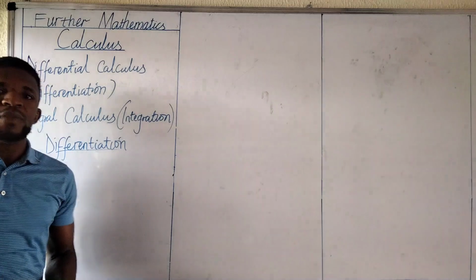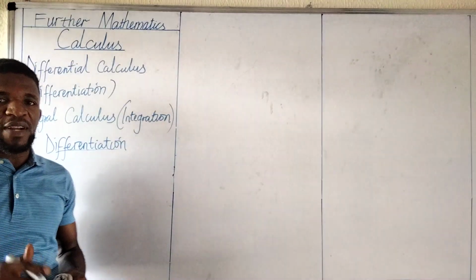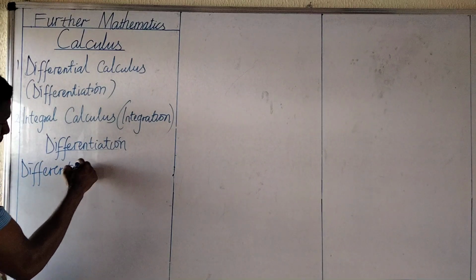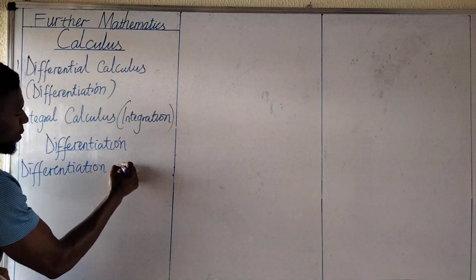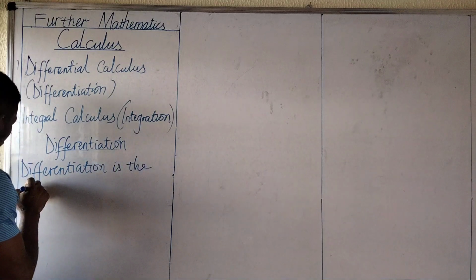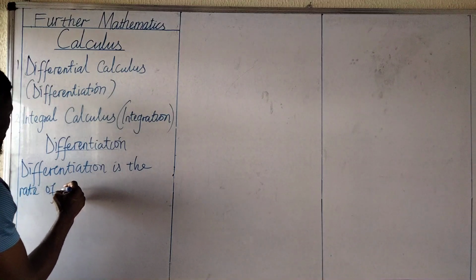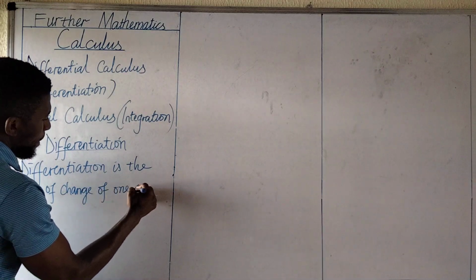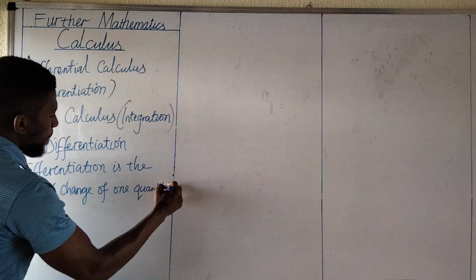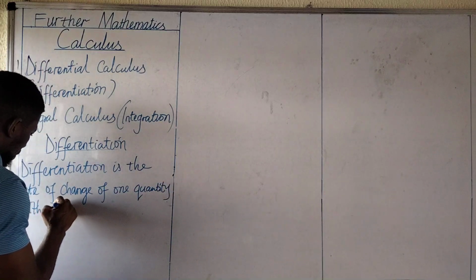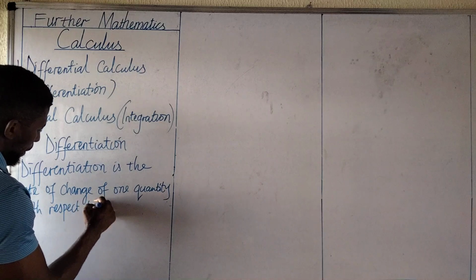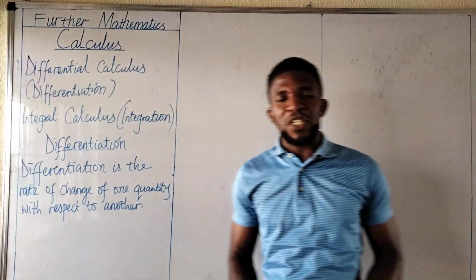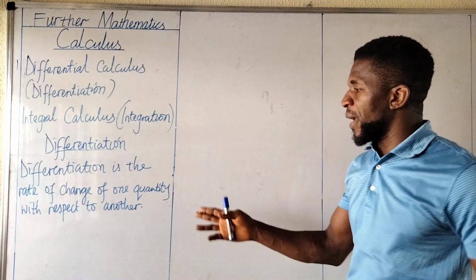Differentiation is the rate of change of one quantity with respect to another.